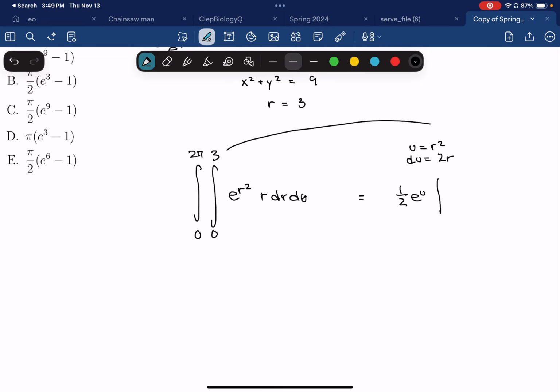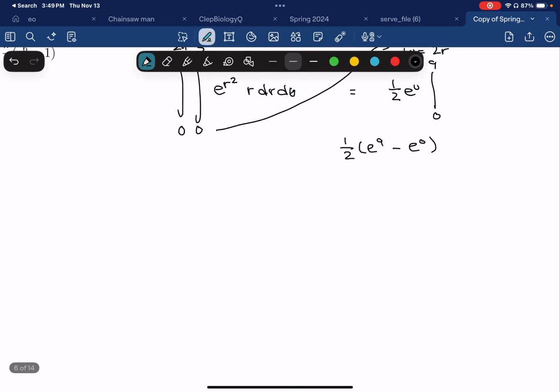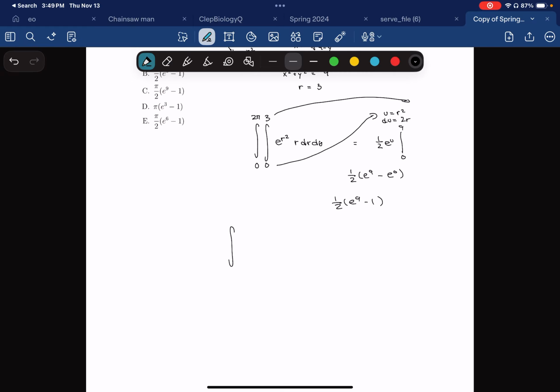If we plug in the 3 to r squared, you get 9. If we plug in the 0, you get 0. So you get 1/2 e to the power of 9 minus e to the power of 0. Just gets you 1/2 e to the 9 minus 1. Now we evaluate this, 1/2 e to the power of 9 minus 1 from 0 to 2 pi d theta.